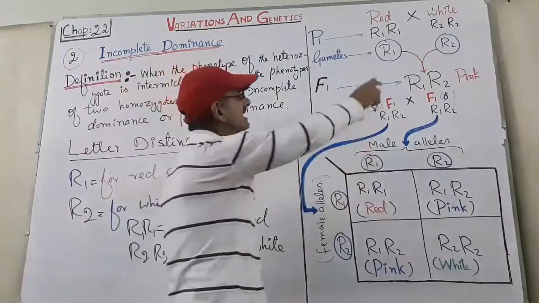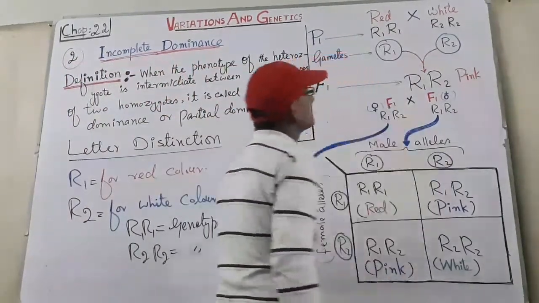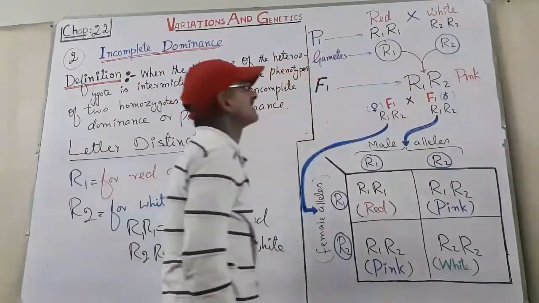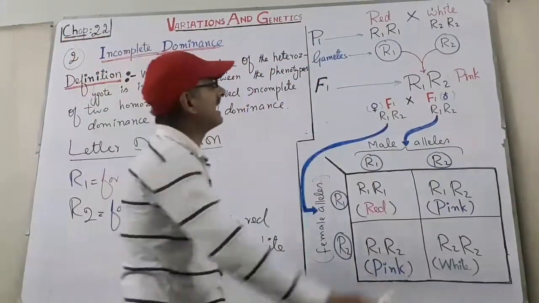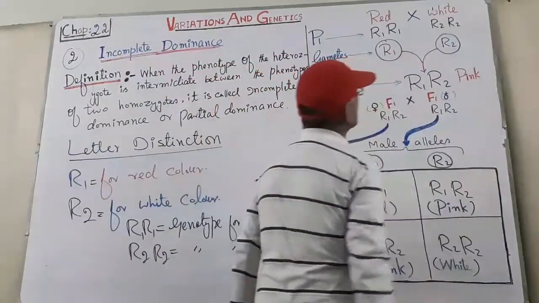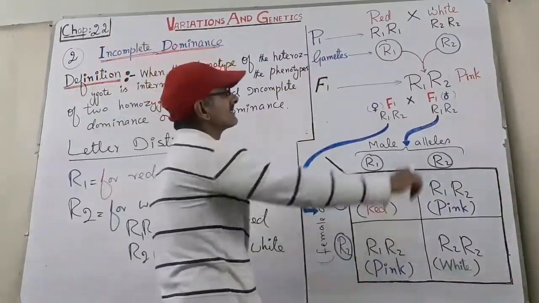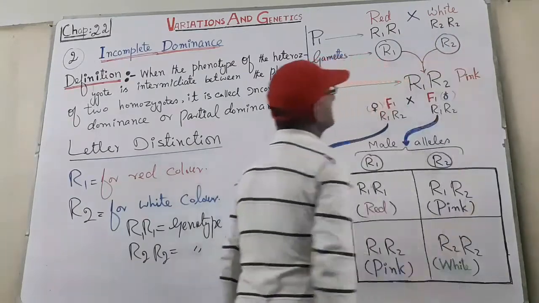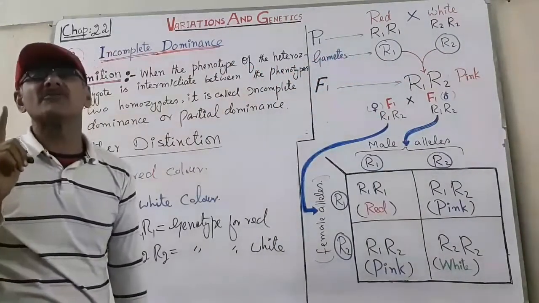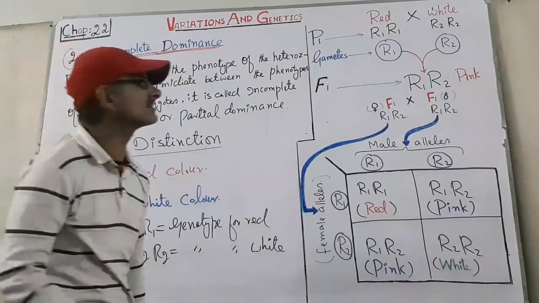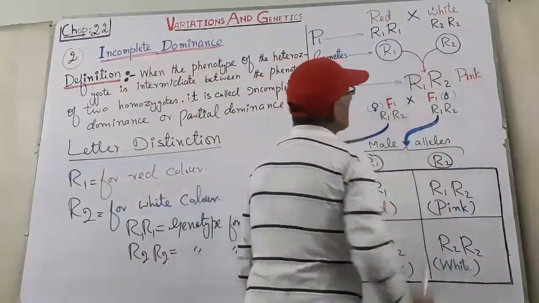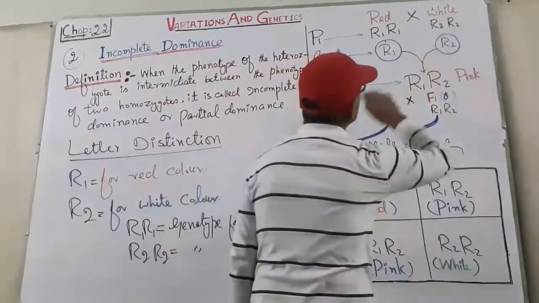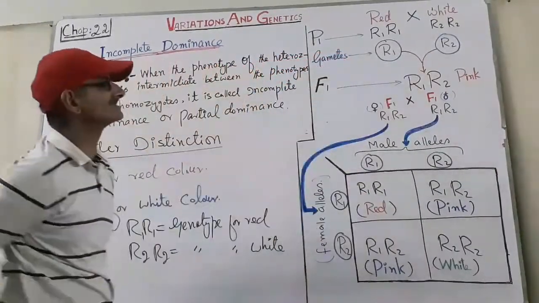All the gametes contain the R1 allele, and R1 R1 is the homozygote. And this is the white flowered plant, the genotype is capital R2 R2, and in gametes only one of the two alleles is present, which is R2, and all the gametes are the same in both cases.